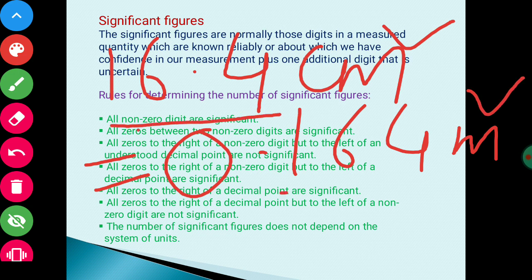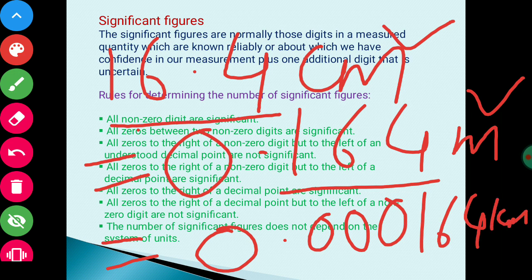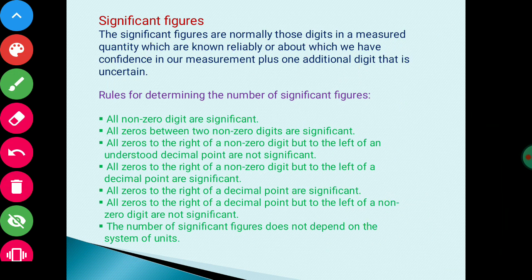In meter how many? 3. Now if you convert it into kilometer, meter divided by 1000, so it becomes 0.000164 kilometer. Again the significant figures are the same. So significant figures do not depend on the system of units. Is it clear?